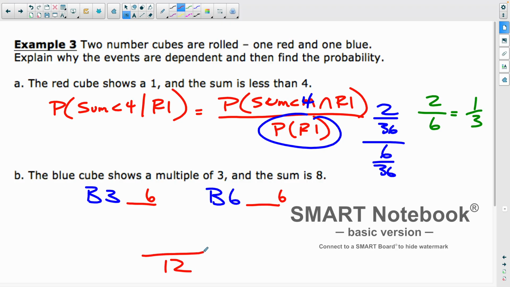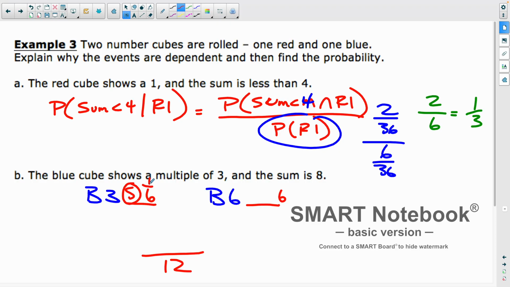So if I went back to that sample space that I did a while ago, I would circle 2 rows. I would circle the row with the blue 3, and I'd circle the row with the blue 6. There's 12 spaces there. Now, how many of these 6 right here work for the blue 3? Just 1. I need a red 5. If I get a red 5, then I get my 8. So there's only 1 that works there.